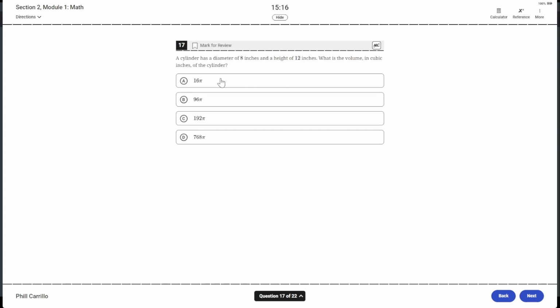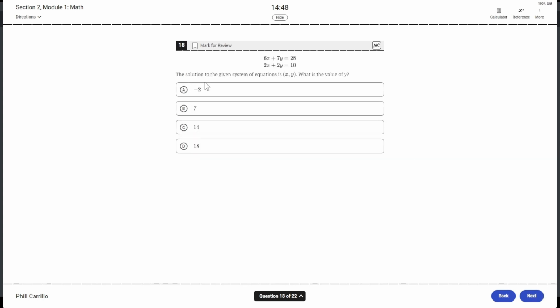So it's not A, it's not B, it's either C or D. I can do this mentally. 16 times 12 is a number that ends with a 2. Got to be 192, right? Can't be 768. Yeah, that's the only one, because the ones digit is 2.